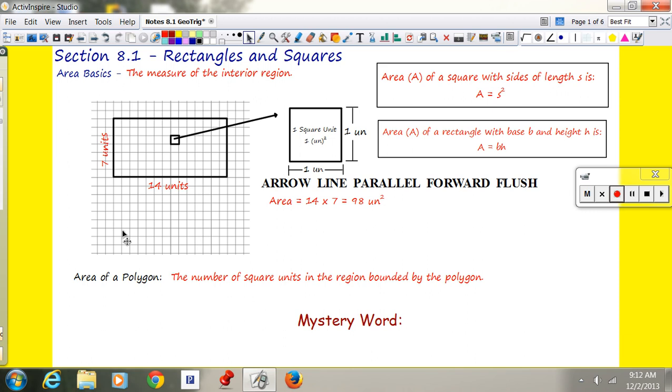What did you say? Ray. No, it's not Ray. Straight is correct. Straight as an arrow, straight lines, straight parallel, straight forward, a straight flush. Straight is correct. I do have candy, so I give out candy for a right answer. Okay, moving on.